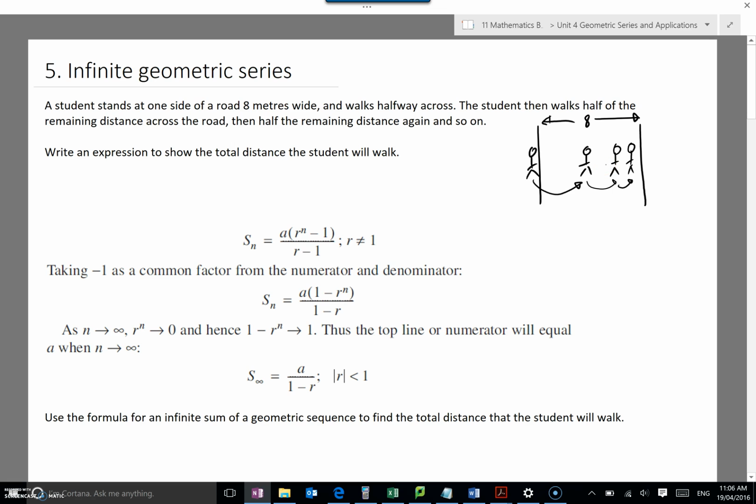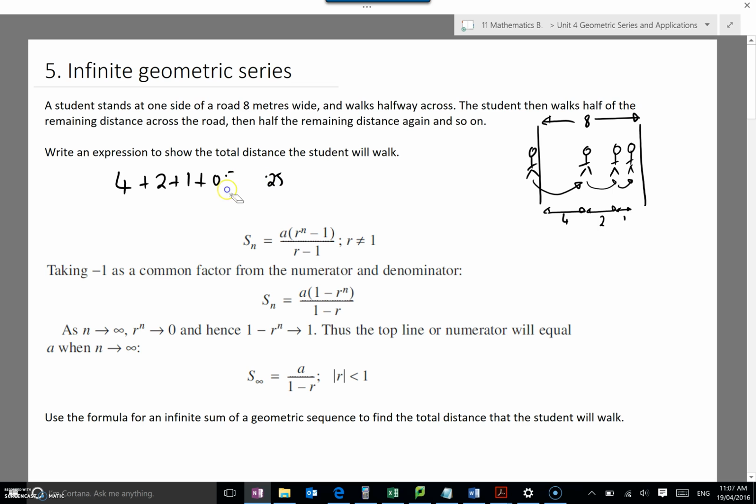So if I was to try and find how far he walks in total, let's have a look at what he does. In the first little bound, he's going to walk 4 meters, half of 8. And then he'll walk 2 meters, then 1 meter, half a meter, and so on. So the total distance he walks will be 4 plus 2 plus 1 plus 0.5 plus 0.25.